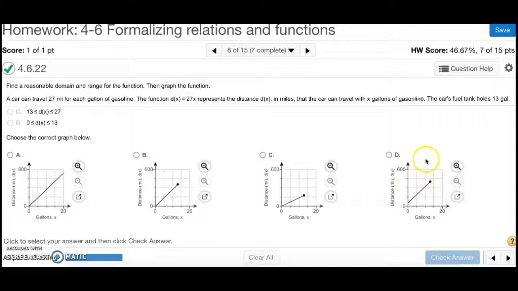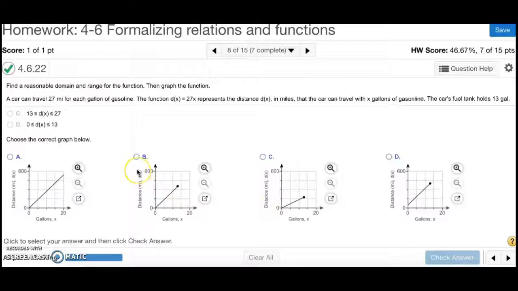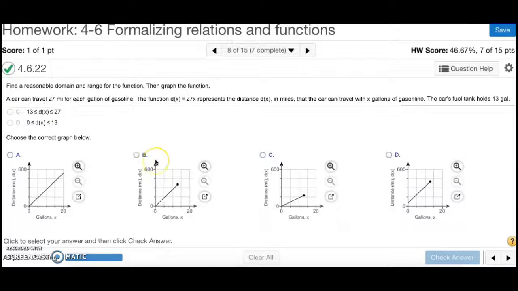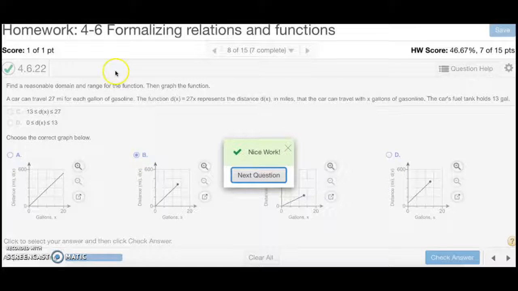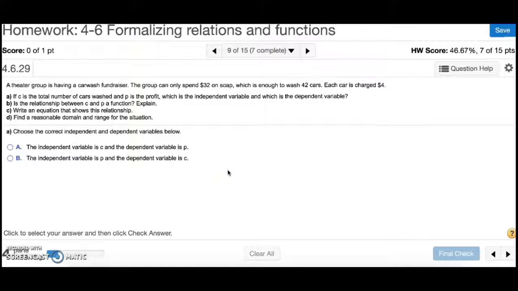This is not 0, 0, so it can't be D. So it's either B or C. Now our highest range value is 351. Halfway between 0 and 600 is 300. That means my highest point is above 300. For C, the highest point is not above 300. So it has to be B. And that's number 8.